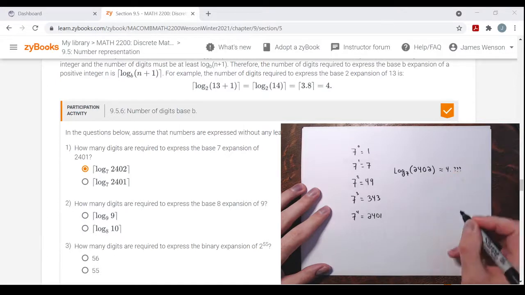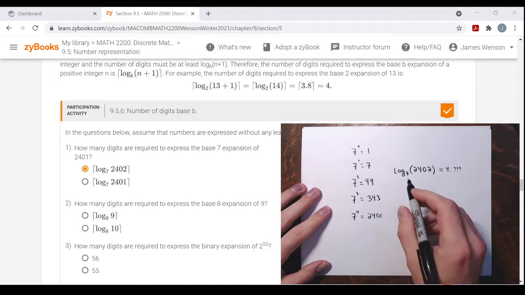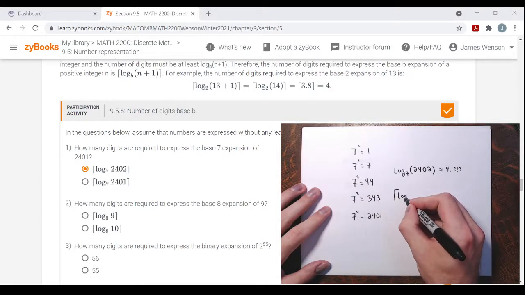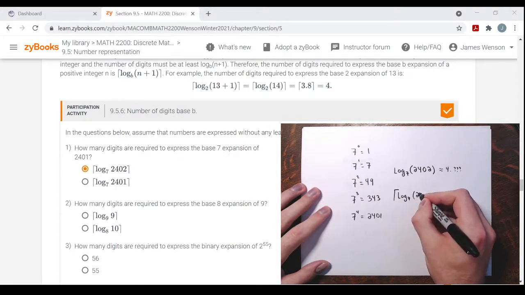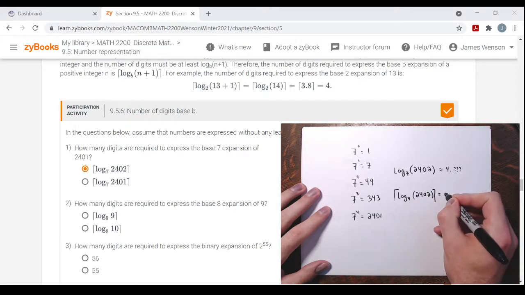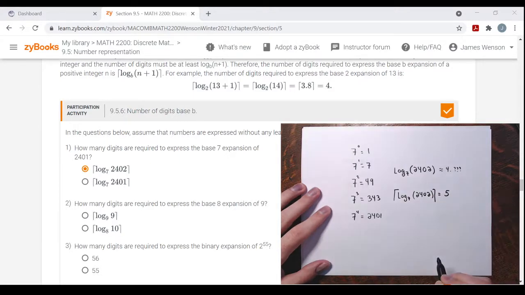I don't know what. So then the ceiling of this, right? The ceiling of this log base 7 of 2402 is 5, right? So that means if I were to write 2,401 base 7, it would take 5 digits to do that.